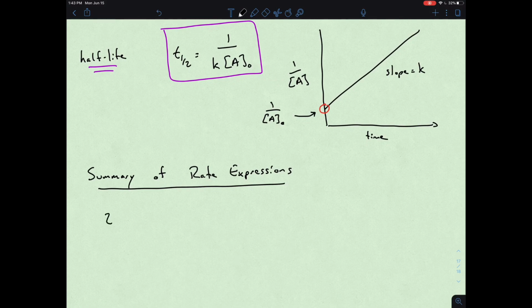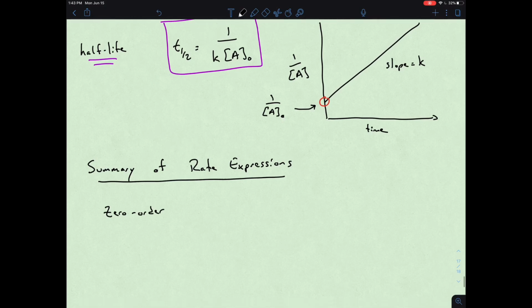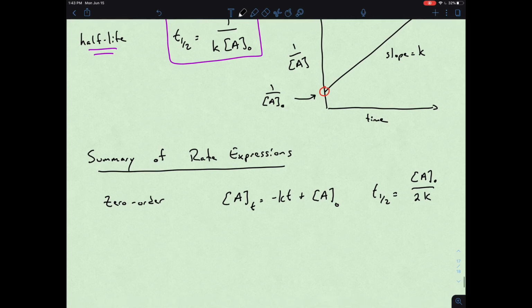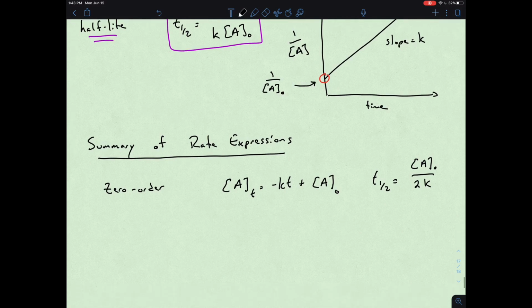We have, first, zero order, and we have our linear fit, and we have our half-life. So there are the two expressions that we see for a zero order reaction.